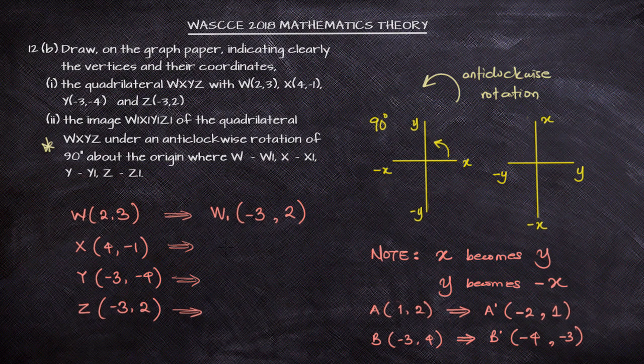The X1 that is rotated, now x becomes y, then y becomes minus x, that will be minus 1, which is 1. The Y1 will be x becomes y, so minus 3 is still there, then y will become minus x, which is minus 4, and that is 4. And then for the third one, x becomes y is minus 3, y becomes minus x, so that will be minus 2. So these are the values that we need to note on our diagram.